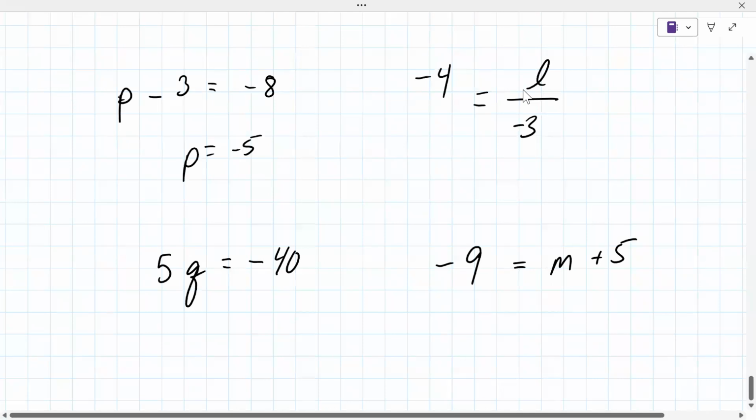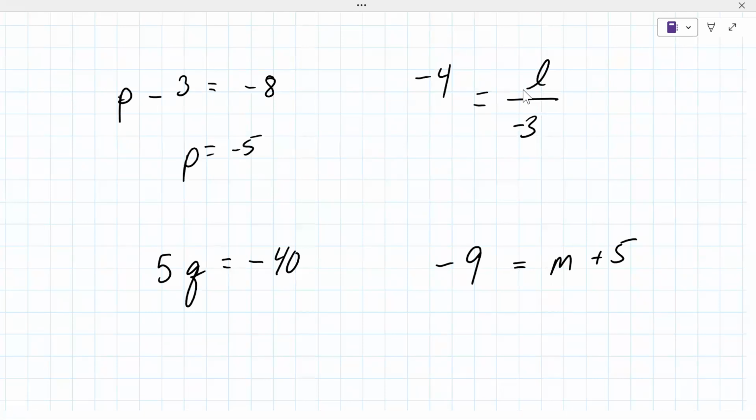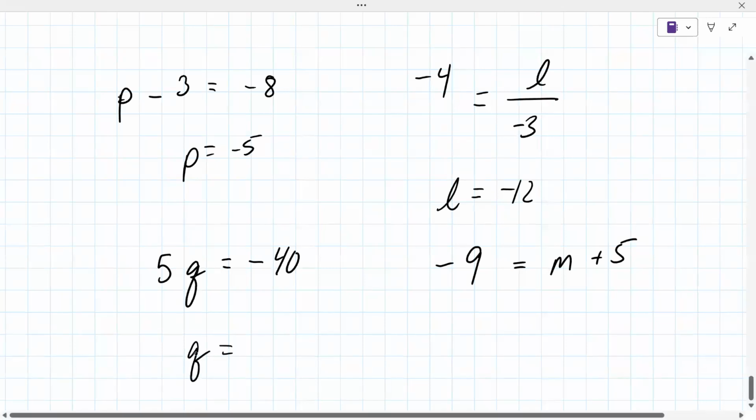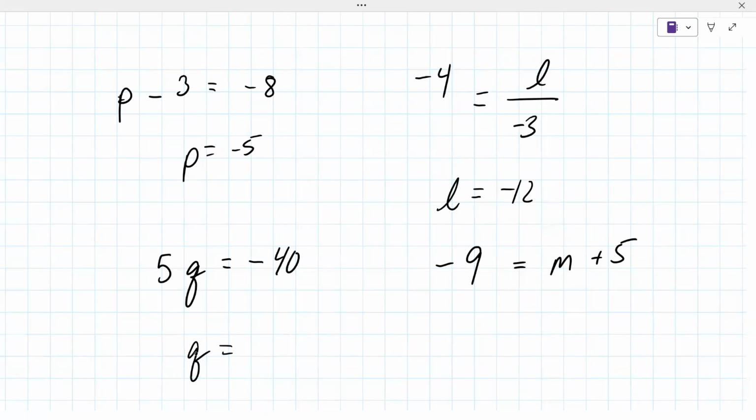So 3, 4, -12. L equals -12. Okay, keep going. Number 3 equals -40.